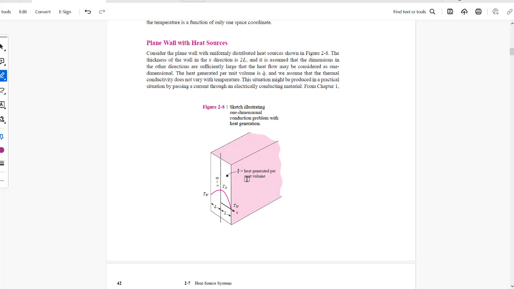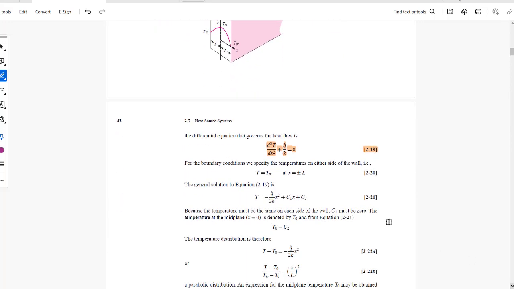This is Q dot, which is heat generated per unit volume, and this center line is x equals 0. This is a symmetric condition, but we didn't have it here because the temperatures of these two walls are not the same in our problem. And this is the formula, the differential equation that governs the heat flow, like what we drew.